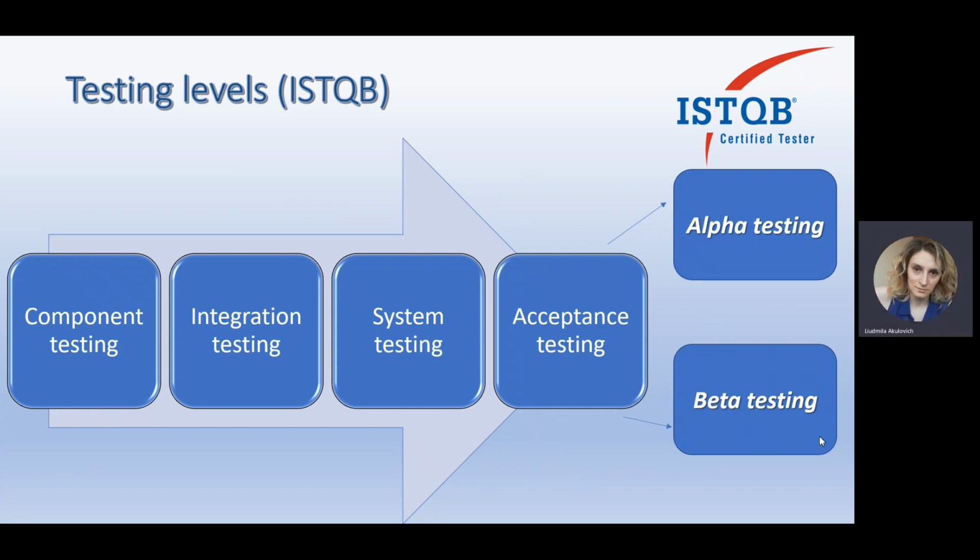Beta testing is performed only by potential customers, potential final users, and they perform this kind of testing on their machines, using their operating system. So alpha testing is inside the organization by an independent testing team. Beta testing is releasing to a selected part of our final users, potential or existing customers, and they perform this testing in their own environment.